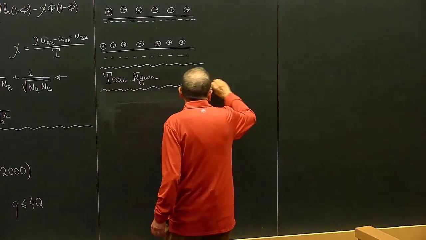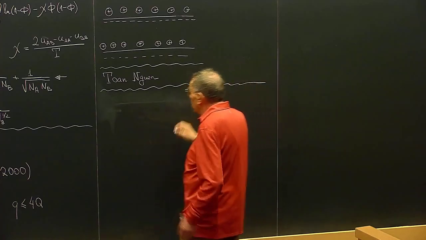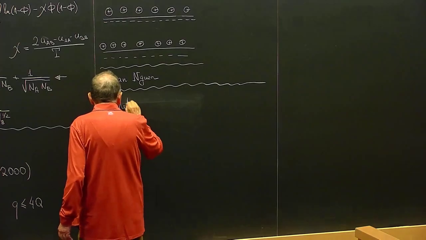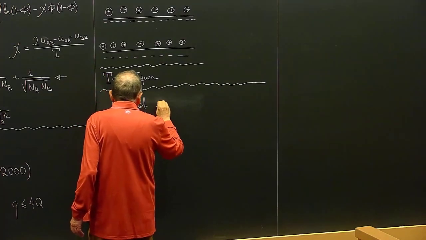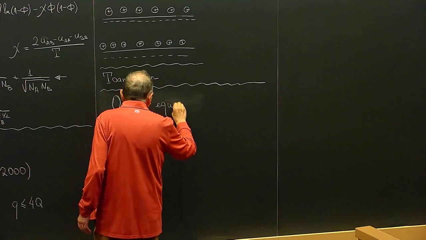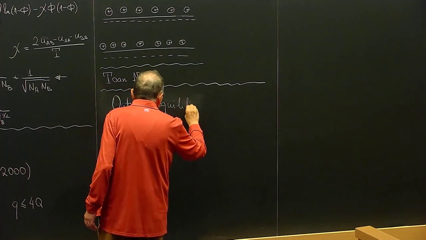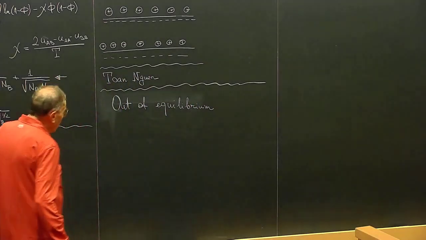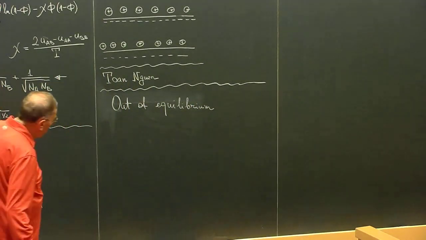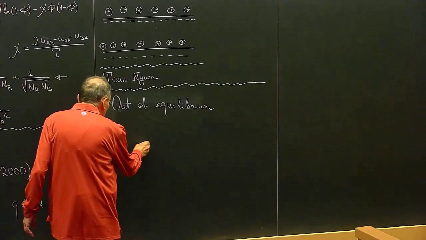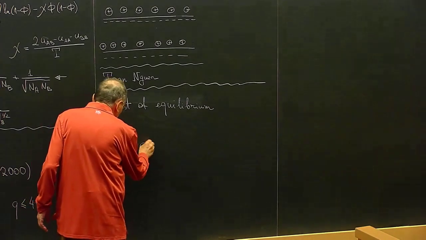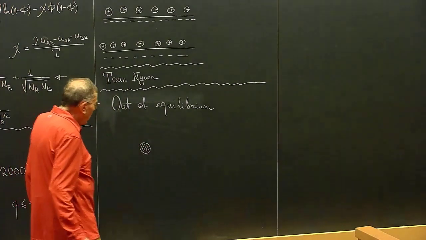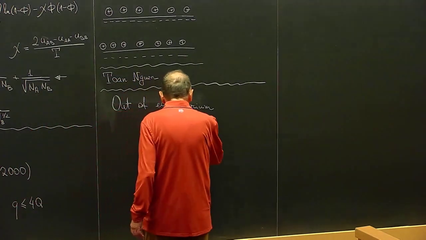Okay, so all of this was equilibrium. Now out of equilibrium. And I'll give you two examples out of equilibrium. One thing out of equilibrium is, imagine that you have some catalytic particle, and you have two types of molecules.